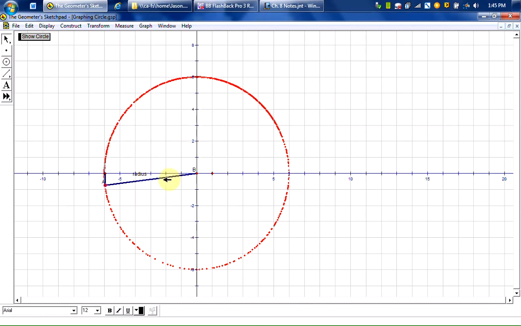And what we end up seeing is, in order to write the equation of a circle, really all I'm thinking about is this right triangle moving around. And this right triangle also correlates to the distance formula. x2 minus x1 squared plus y2 minus y1 squared, square rooted.